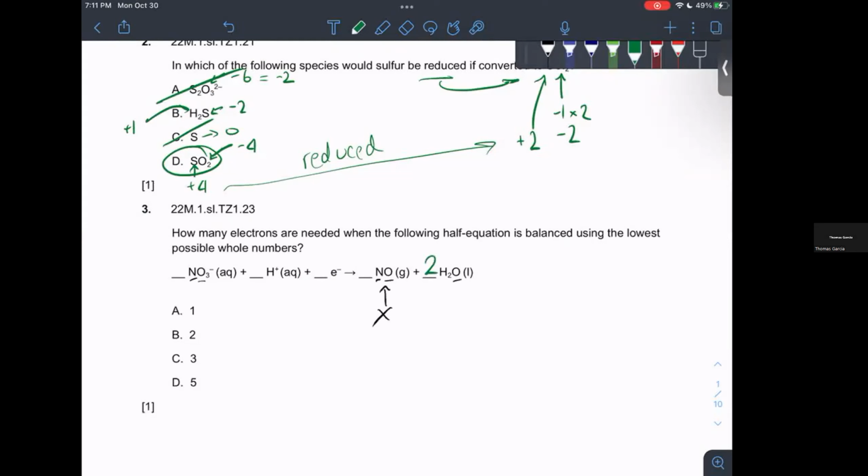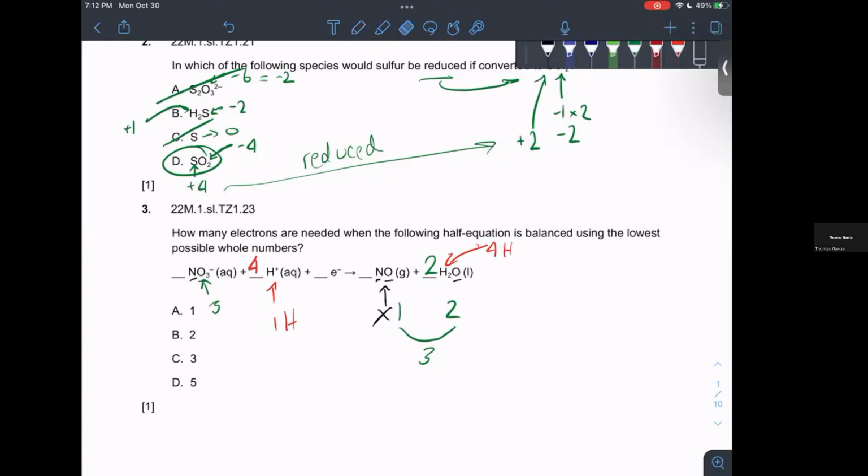I will double it because now I have 2 oxygens here, 1 oxygen here. Together that's 3 oxygens. And I have 3 right here, so that's balanced. Cool. Now, if I look through the rest, I have now 4 hydrogens, and 1 hydrogen. So I'll just change that by putting a 4 right there.